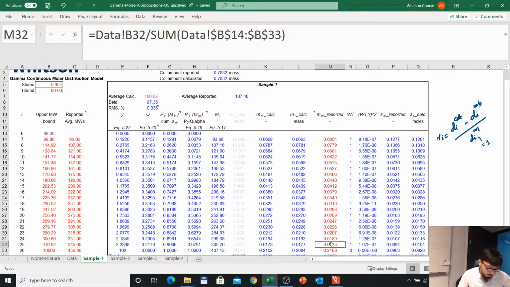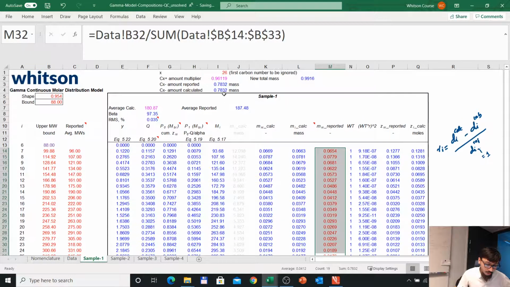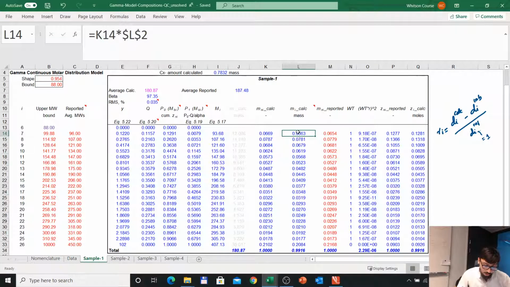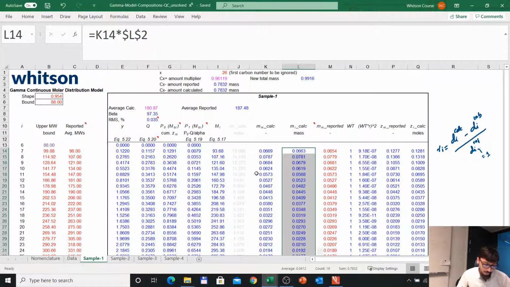So if I just sum these numbers here, you see it's 0.7832. So 0.7832 is the reported total amount for the Cx minus component. Okay, and then the same goes for the calculated data. So this is the calculated data that we are using. If we sum all the amounts until C25, again you see it's 0.7832.